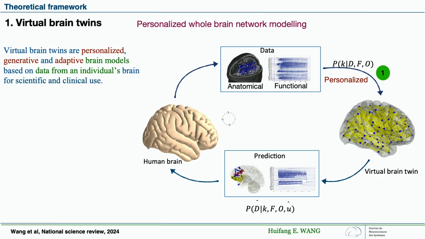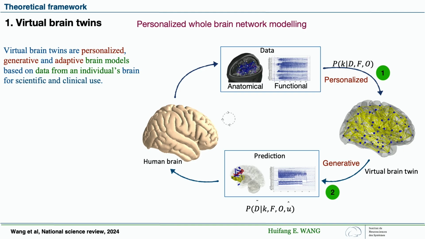Once we have these virtual brain twins, we can put different stimulation there, and we can simulate the patient's brain activities under the different stimulation. So we call it the second one: we can generate new data, and this we call prediction.